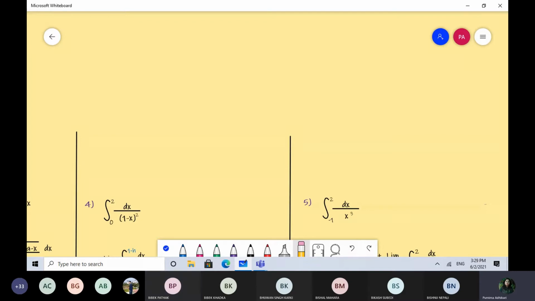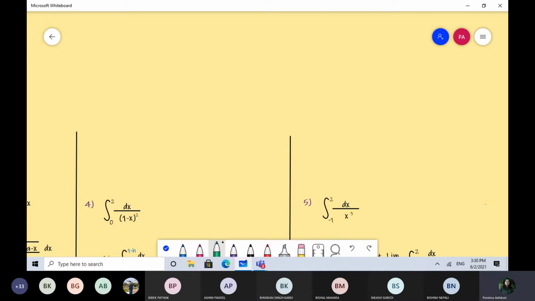Yes. At a point in between, the function is infinite. What is that point for both of them? 1 and 0. Yes, exactly. So you got it right. So what do we see?